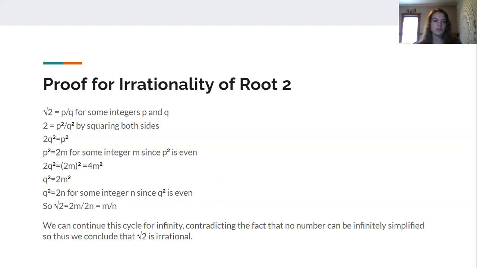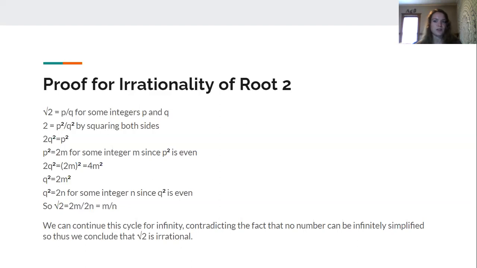By using this same process, we can continuously simplify our expression by just repeating the cycle over and over again, and we'll just keep ending up with 2 different integers in a more simplified form of the square root of 2. We don't know what these integers are.